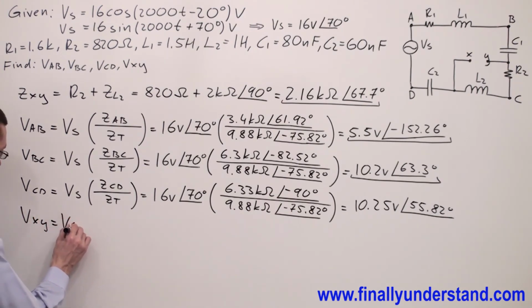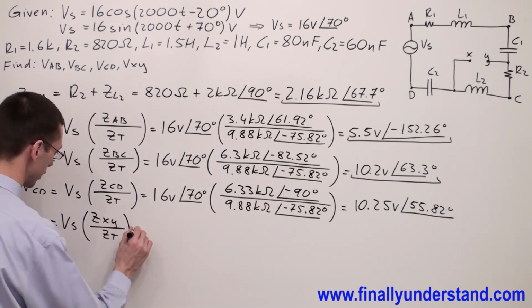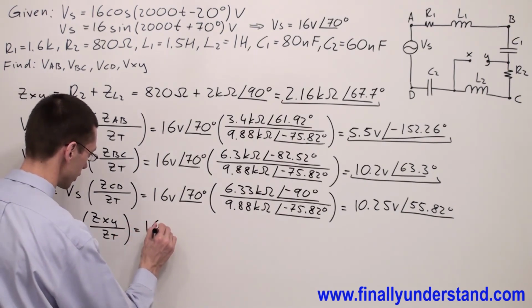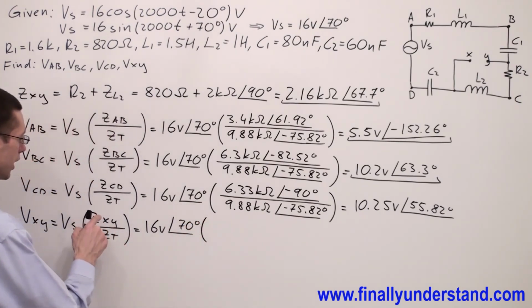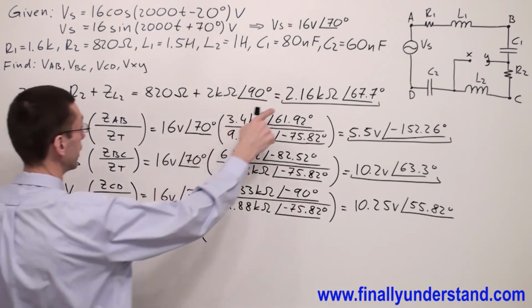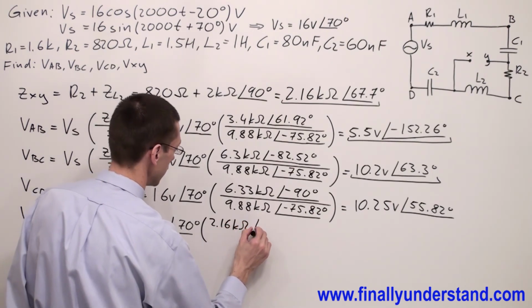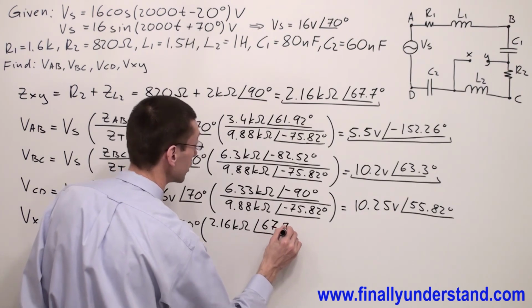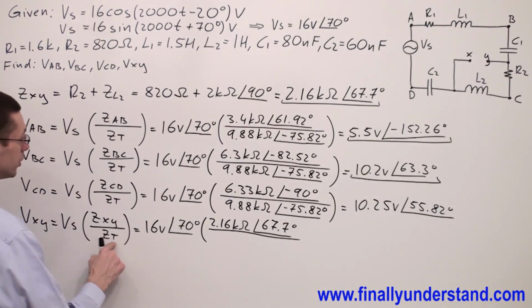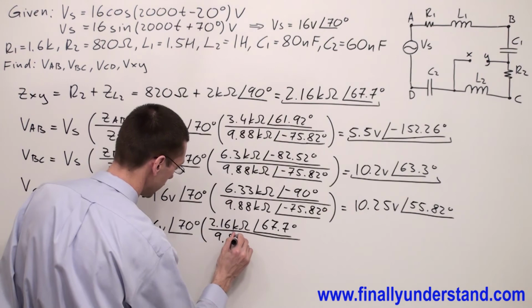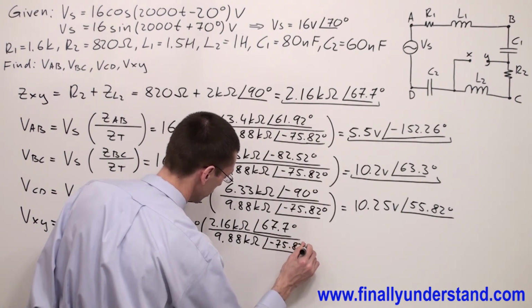VXY is equal voltage source times ZXY over Z total, where voltage source is equal 16 volts and angle of 70 degrees, open parenthesis, ZXY is equal, we found it over here, 2.16 kilo ohms and angle of 67.7 degrees over Z total, which is equal 9.88 kilo ohms and angle of negative 75.82 degrees.